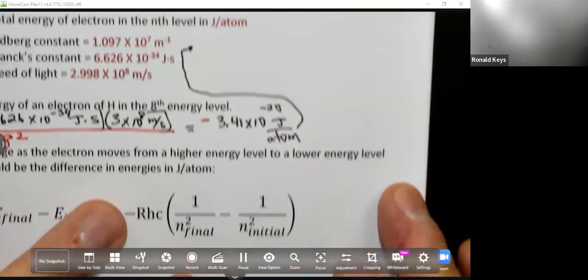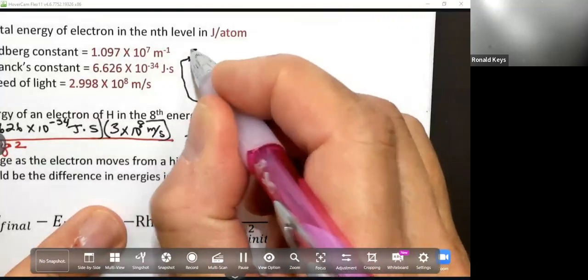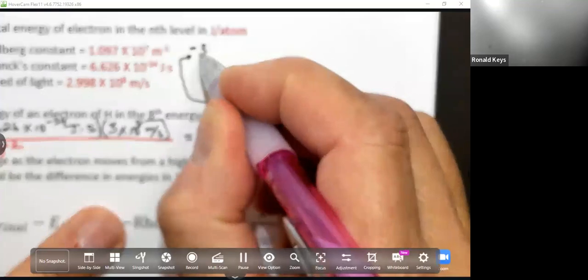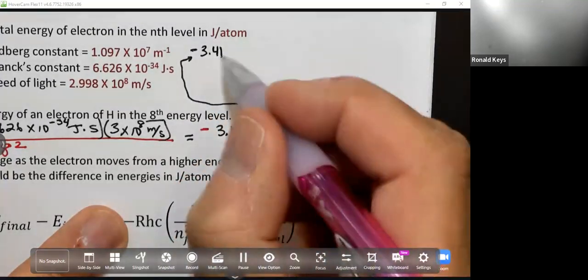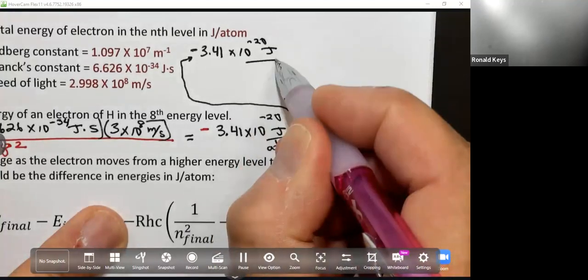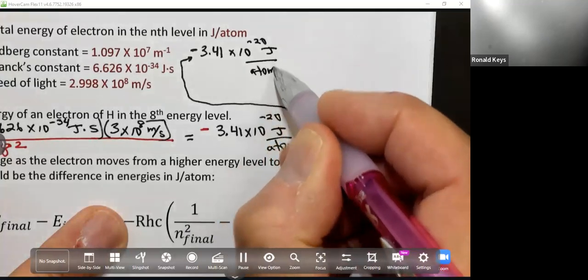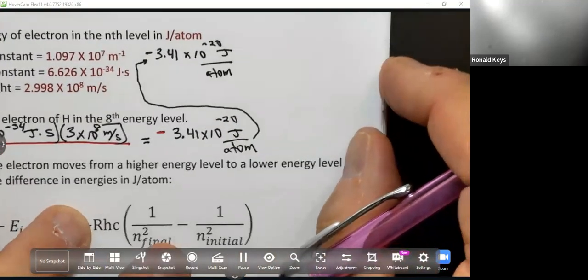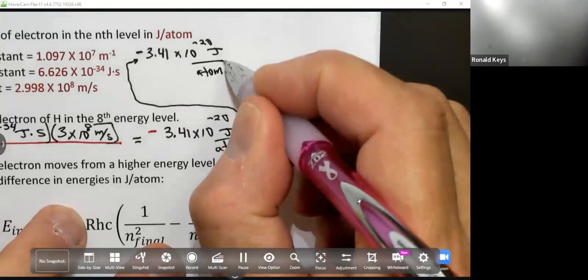So I can write it out a little bit better. Minus 3.41 times 10 to the -20 joules per atom. We're going to change this to kilojoules per mole.